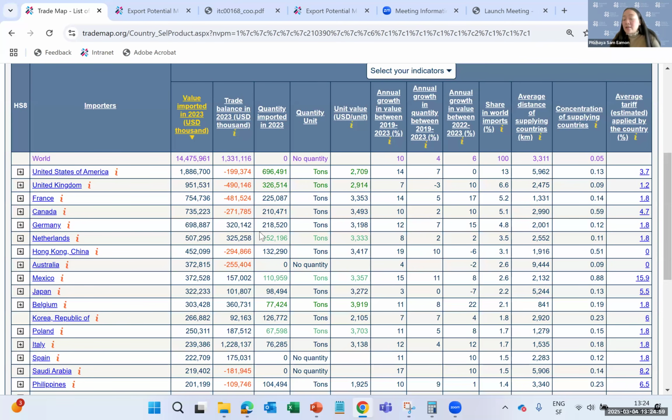So they import and then they re-export it, or they also produce it. The well-known transshipment hubs are the Netherlands, Singapore, Hong Kong, for example. You will see that from the positive trade balance, but beware, a positive trade balance can also mean that they export a lot. At the same time, it's a good sign of a transshipment hub as well.